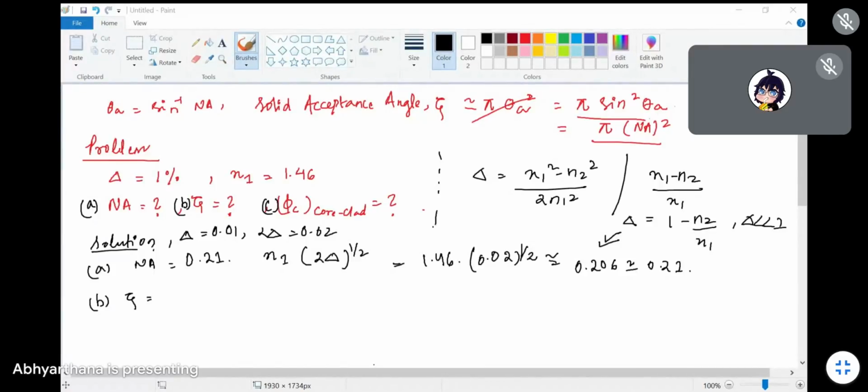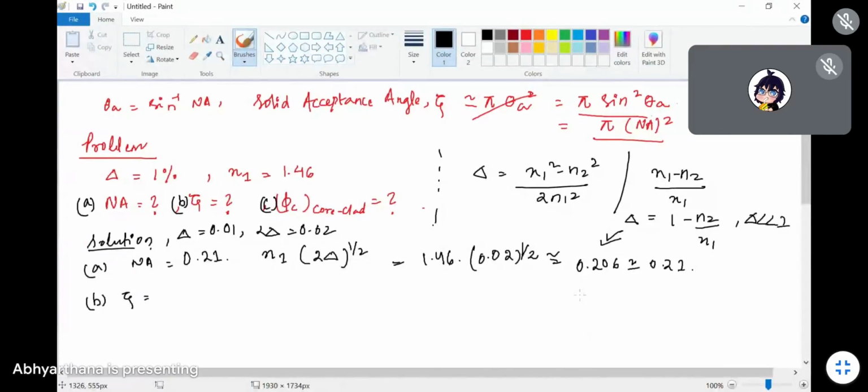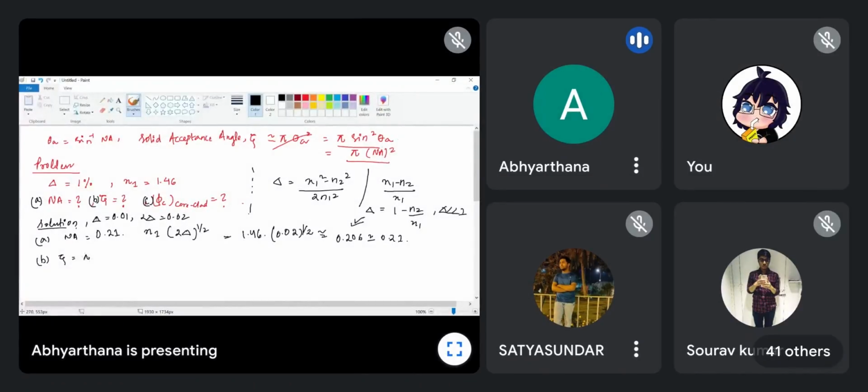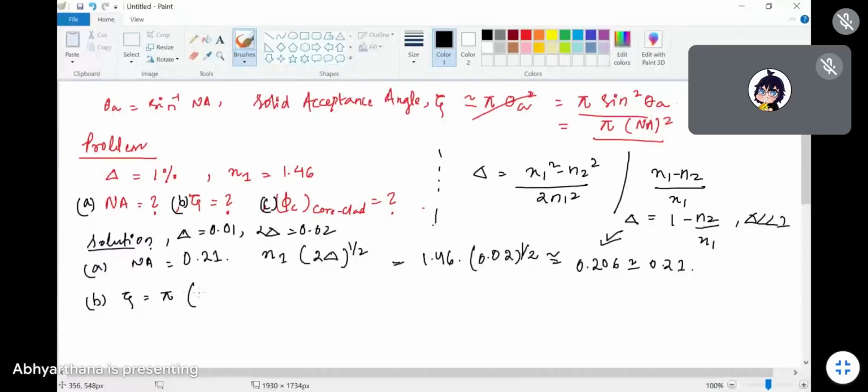So I am taking it 0.13 radians. This is nothing but your pi times n square, so it is your pi times 0.04. From here itself, we can understand it is in radians.